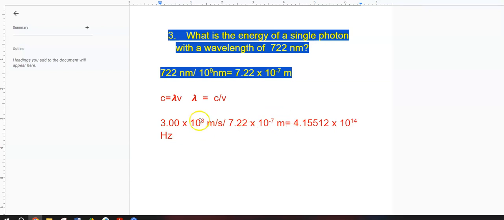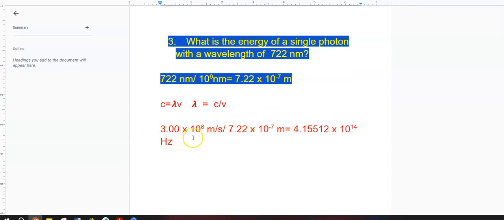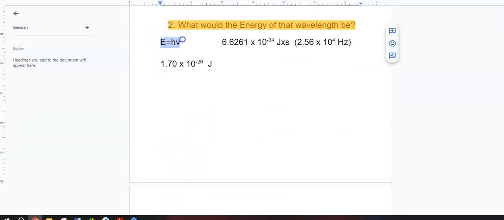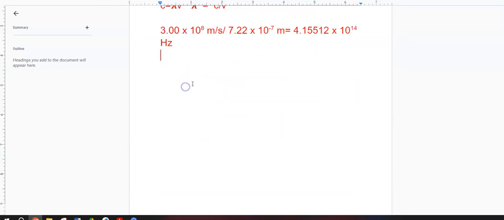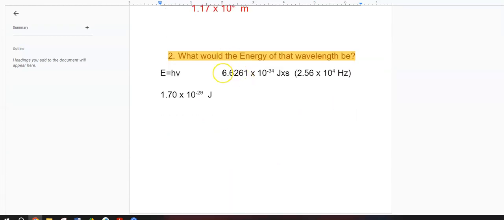Okay, so now I'm in frequency. Now I can go get this formula and bring it down.